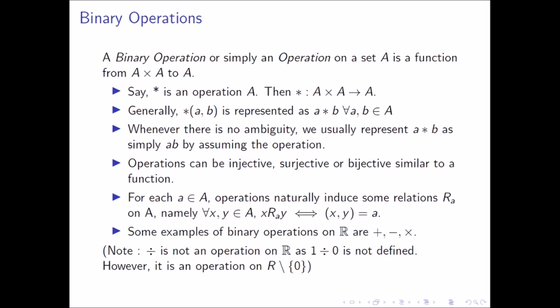Now, we have some examples of binary operations on R: plus, addition; minus, subtraction; cross, multiplication. But division is not an operation on R, as 1 divided by 0 is undefined, and it has to be defined if it's an operation on R. But if you remove this troublesome 0 element, R minus 0, which represents the set of all non-zero real numbers, then division is well defined and it's an operation.